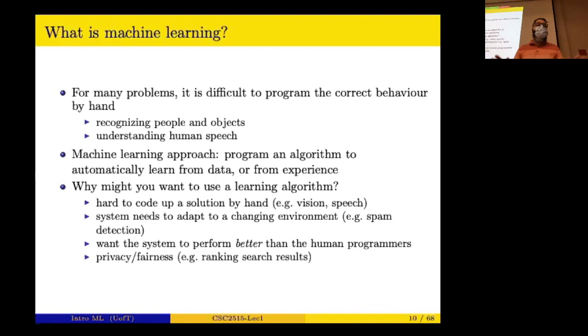Again, what is machine learning? In the division I had of what an intelligent agent should do, in the task of prediction, we can always write code to say that in these situations, this should happen.